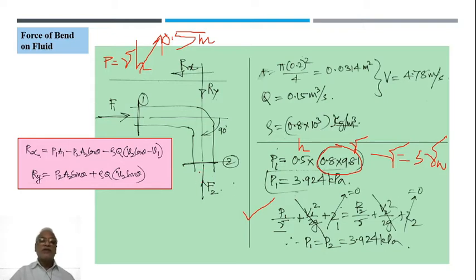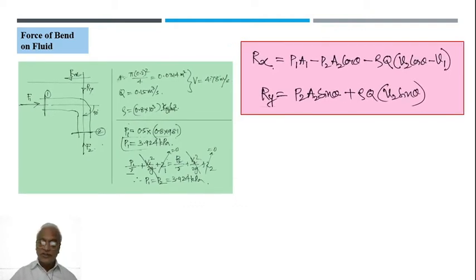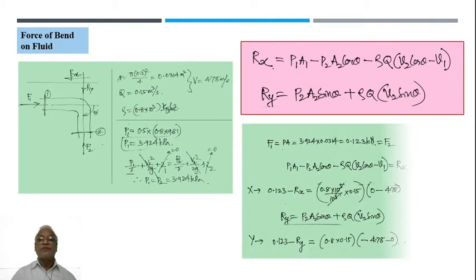Because of that, Z does not come into the picture at all. So P1 is equal to P2. This is preliminary analysis. We have applied the continuity equation. You can remember the steps. We have applied the energy equation. Now we are going to apply these two equations, which are the impulse momentum principle.